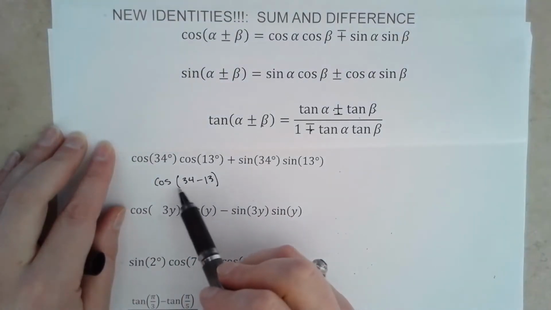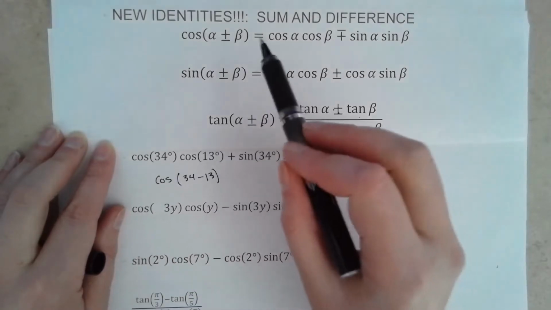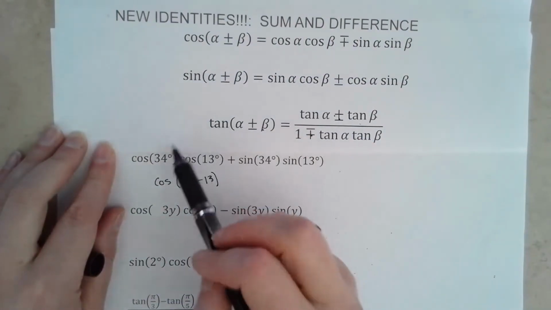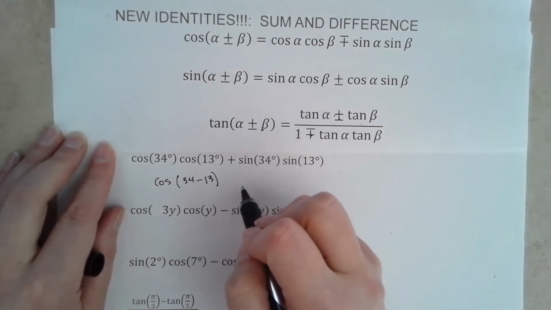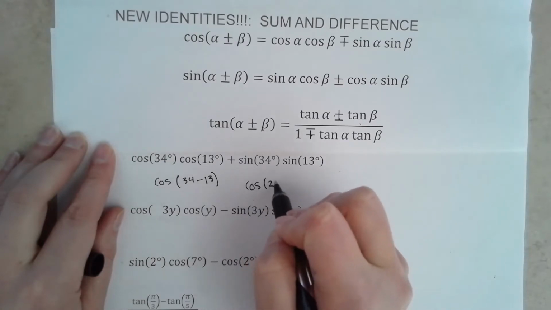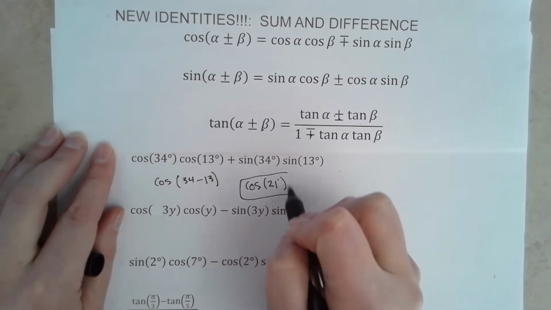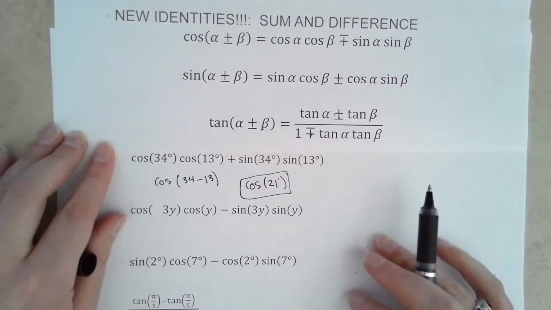Okay? So if I had cosine of 34 minus 13, and I was using this identity, it would look like this written out. Then if we simplify this further, we'd get cosine of 21 degrees. So that's simplified using the identities in reverse.